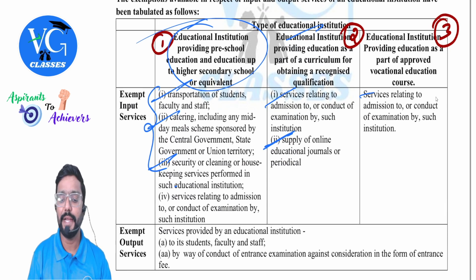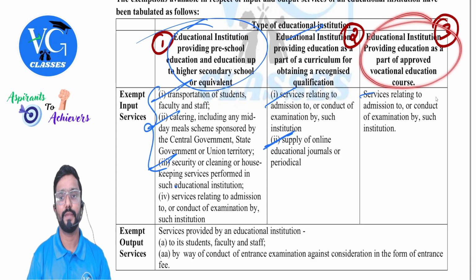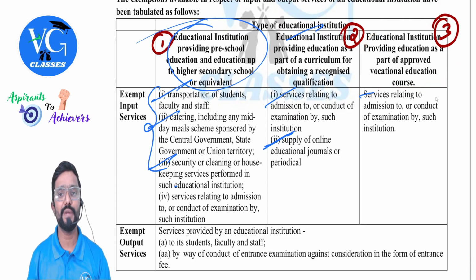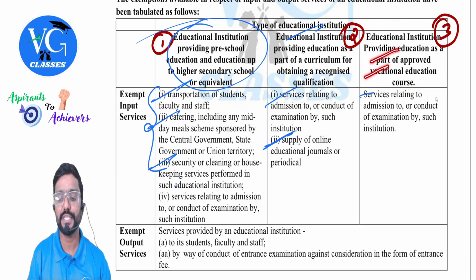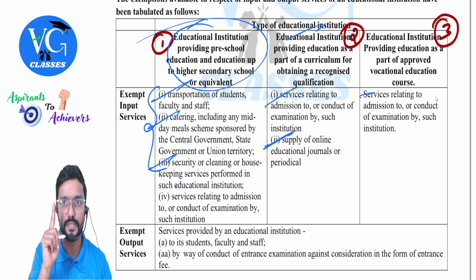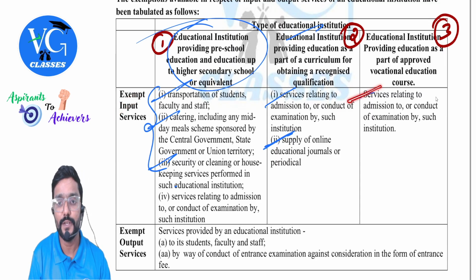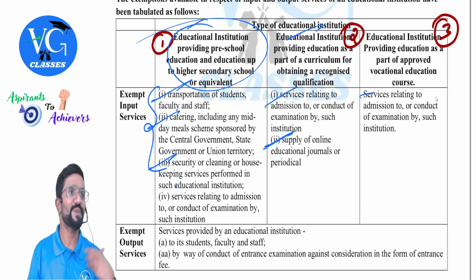Where will this ITI service be covered? Here: educational institution providing education as a part of approved vocational education course. It will fall here. Now, if anyone is providing them input services in the nature of services relating to admission to or conduct of examination, is it exempt? Yes. So it is exempt.